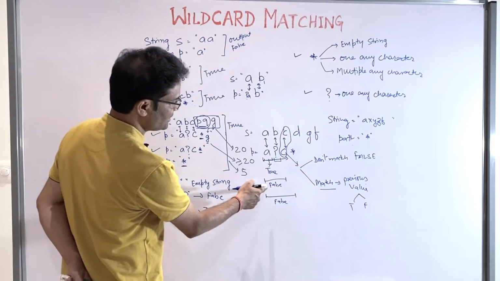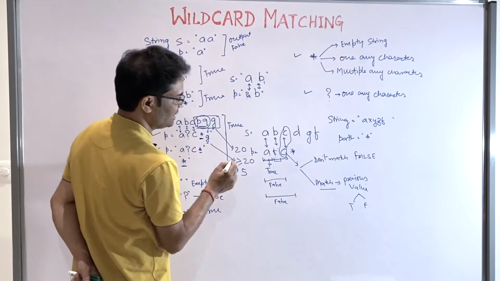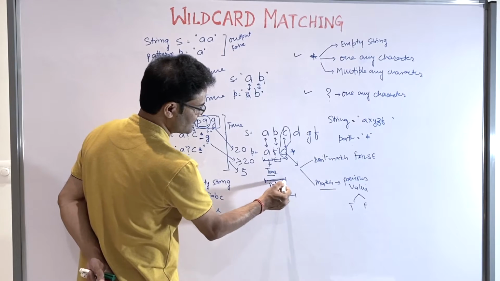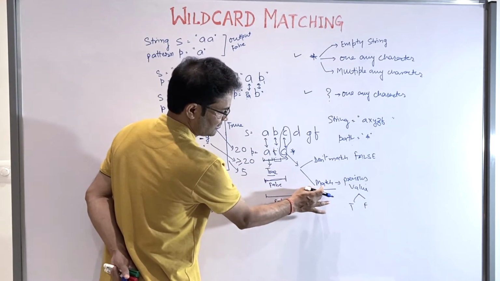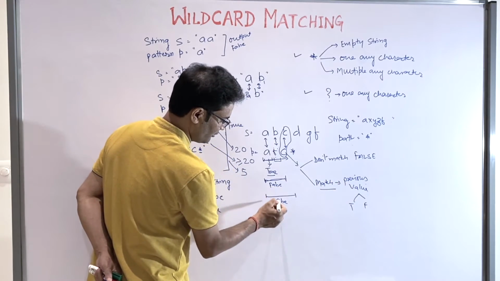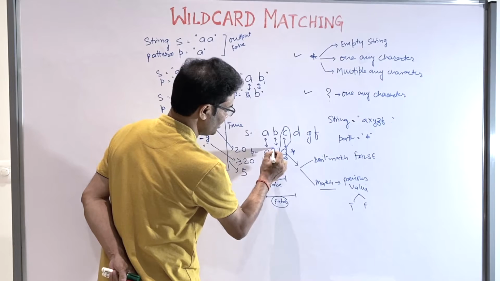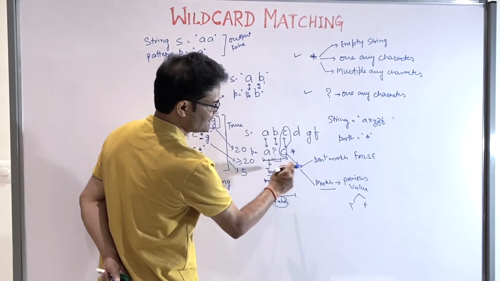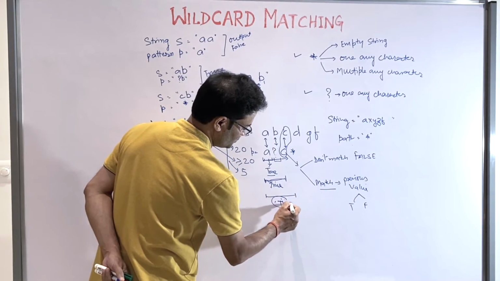In this case, suppose it was F, so AA was matching, I can say true. BF is not matching, I can say false. CC is matching. What is the previous value? False. So this will be false. If suppose this is the question mark, then this becomes true. Then CC is matching, previous value true, so this is true.